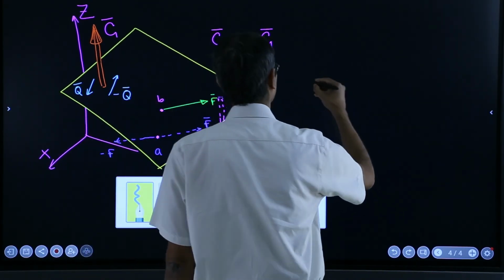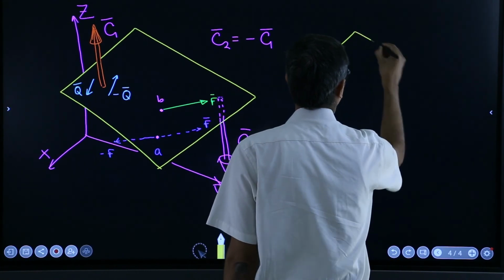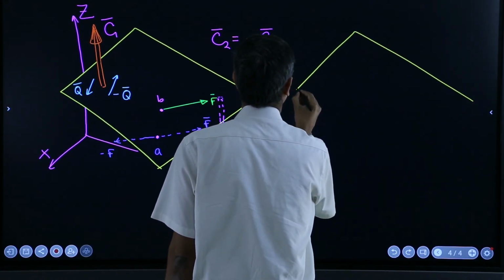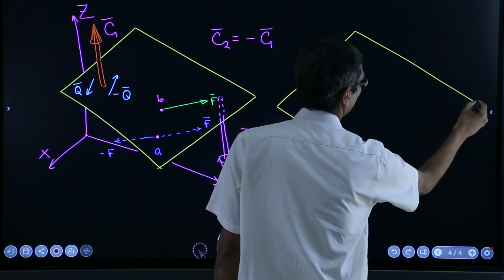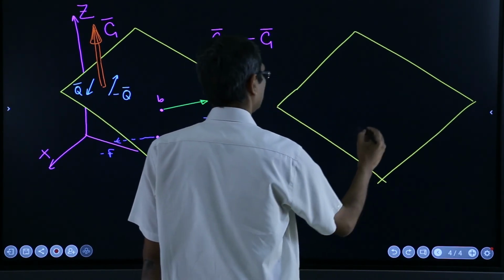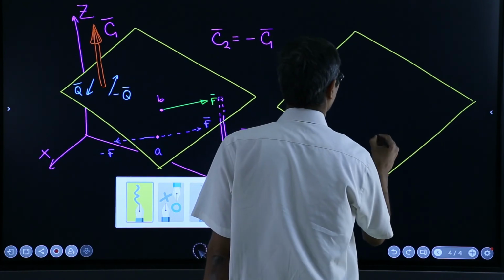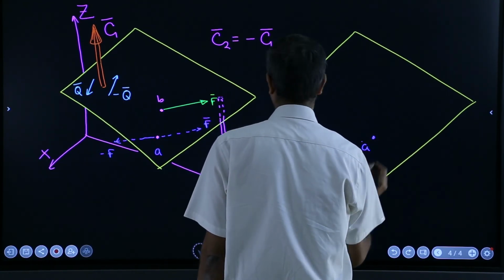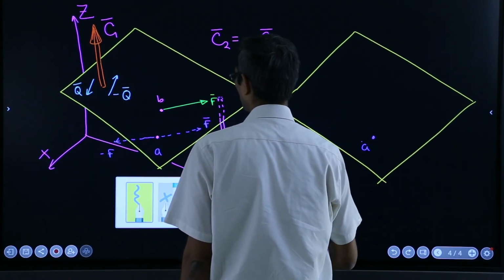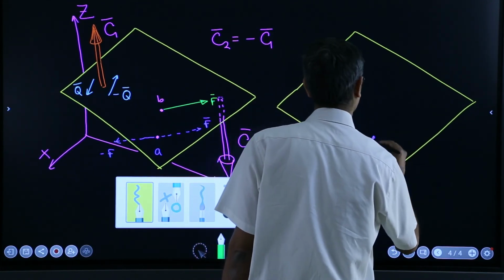So again I'll do the same thing. I'll try to draw this. Okay, so here you just have the point A and the force F, that's it.